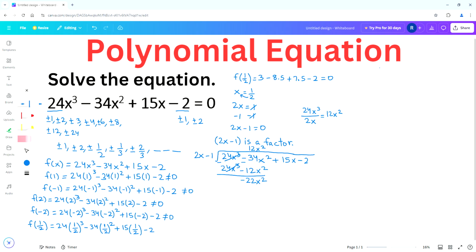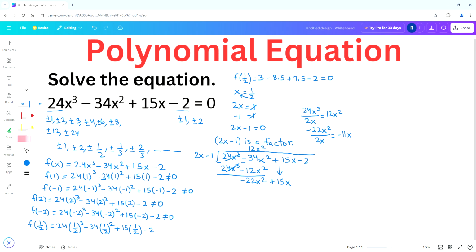Next we can bring down the 15x. Now we can divide negative 22x squared by 2x. I get negative 11x.